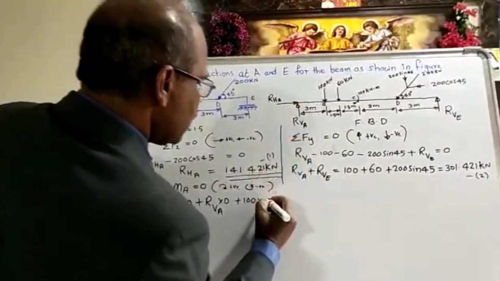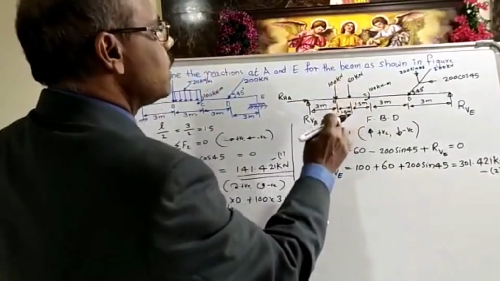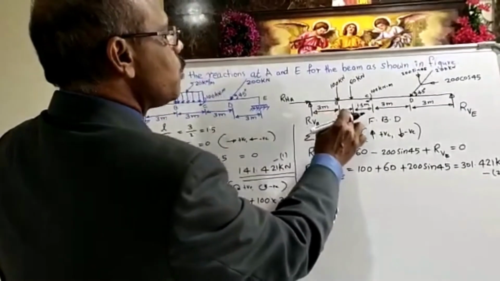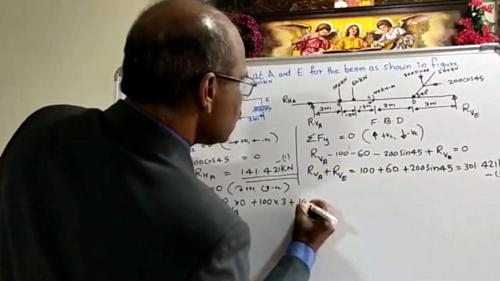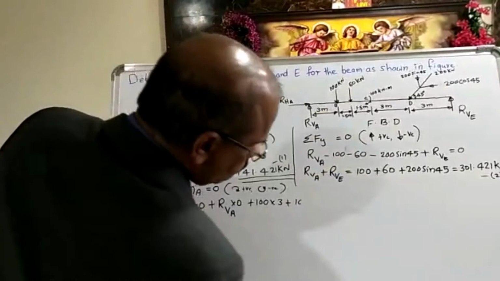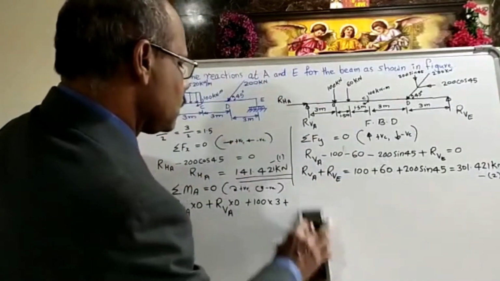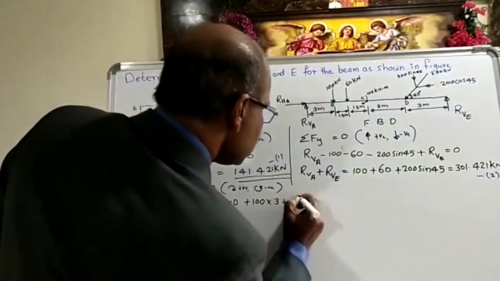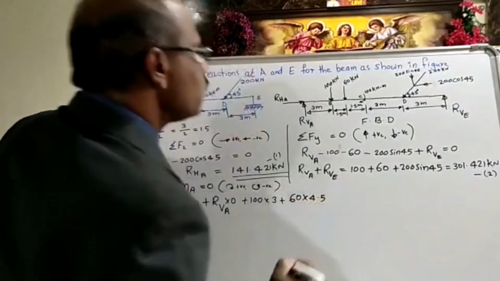So 100 into 3 plus another one, 60 kilonewton, that is at a distance of 3 plus 1.5, means 4.5. So here it is 60 kilonewton multiplied by 4.5.